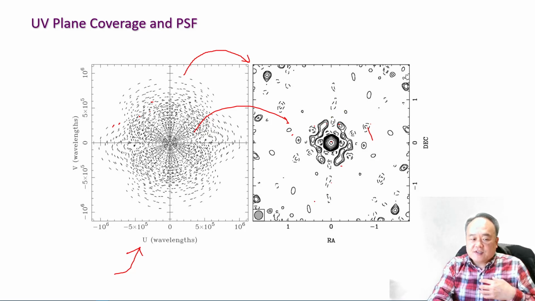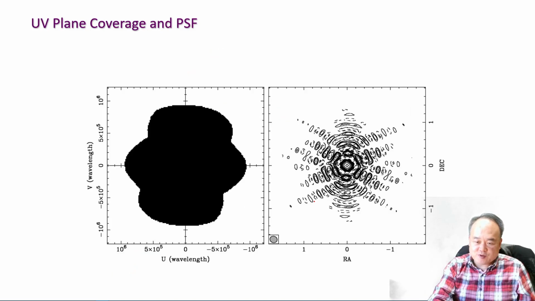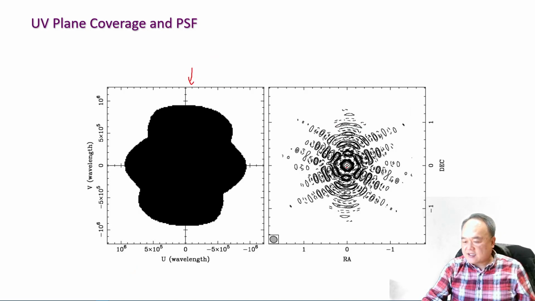Imagine that we see more full coverage of UV. So this is the UV coverage of one radio observation. Then we can see that we're getting closer and closer to the full Airy ring-like diffraction structure.